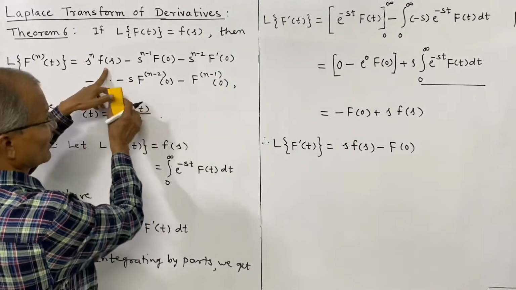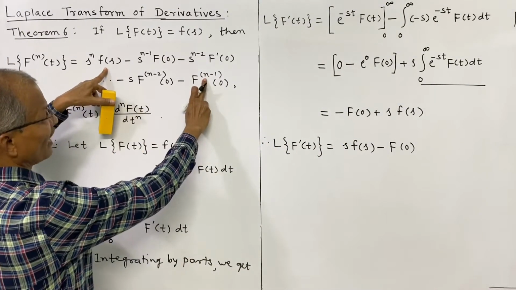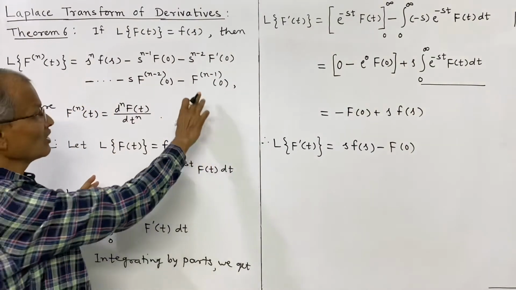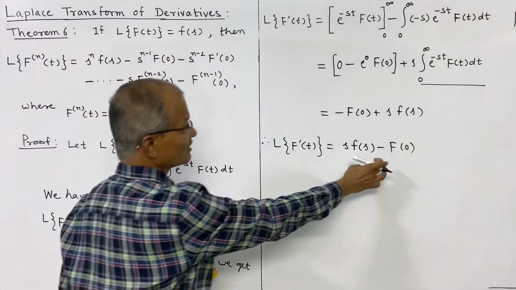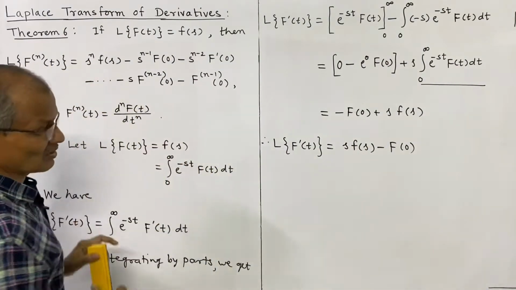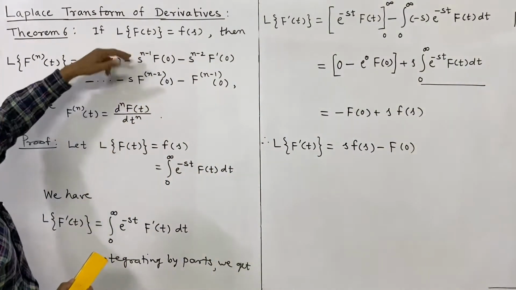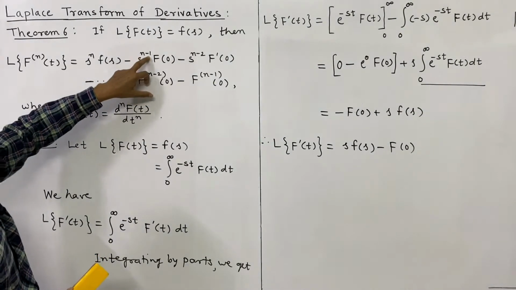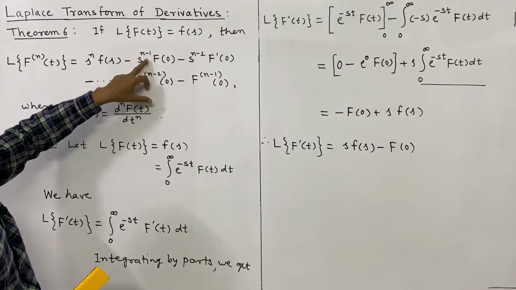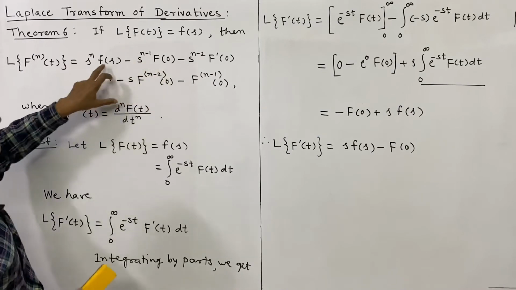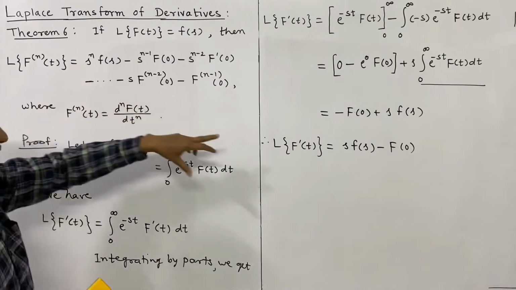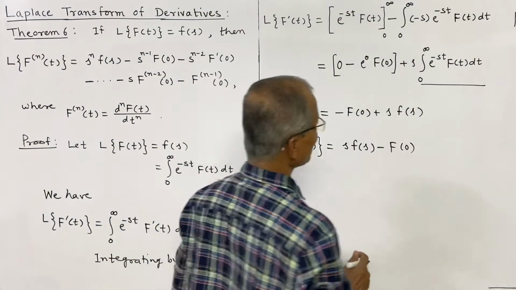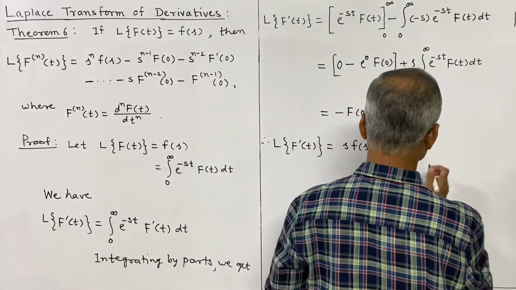And for the last term, n is 1, 1 minus 1 is 0, which means the 0 derivative of f means no derivative, so only f of 0, that is the last term. So the first and last terms are obtained, and for the middle term, you can put n is 1, so 1 minus 1 is 0, s power 0 is 1, f of 0. So only two terms exist for the first order derivative's Laplace transform, and now we can call this 1.